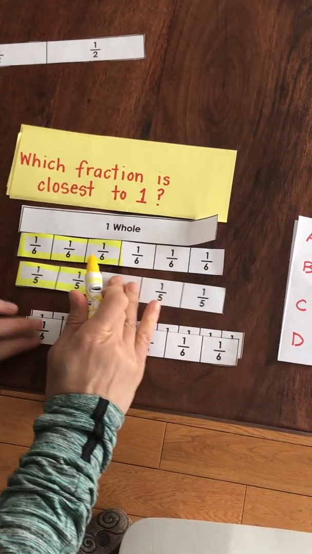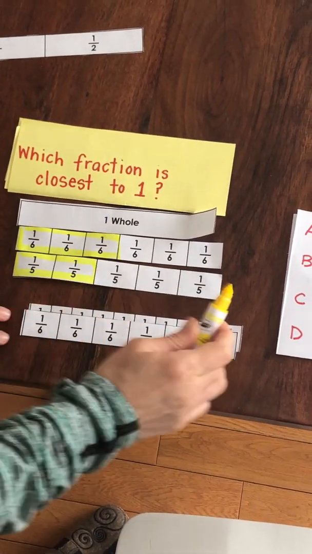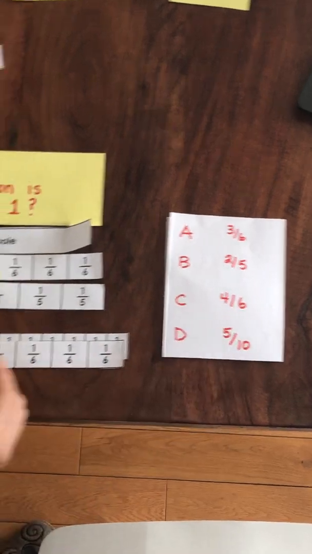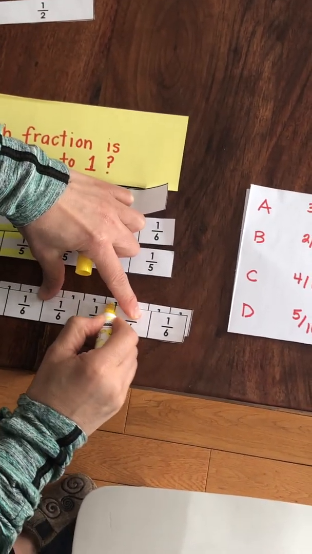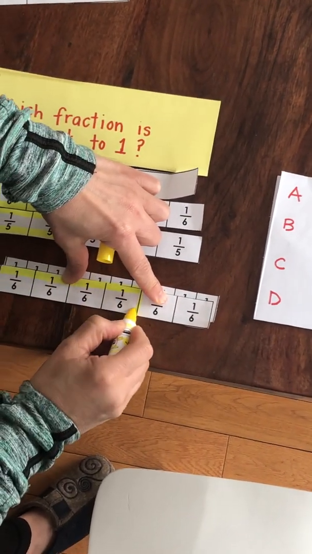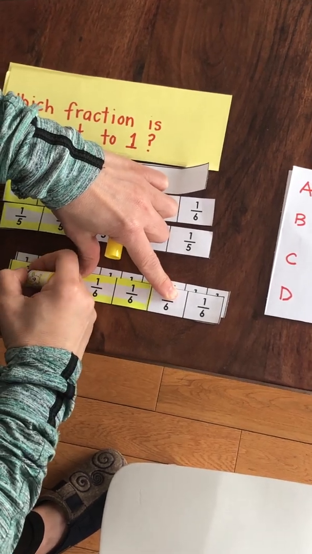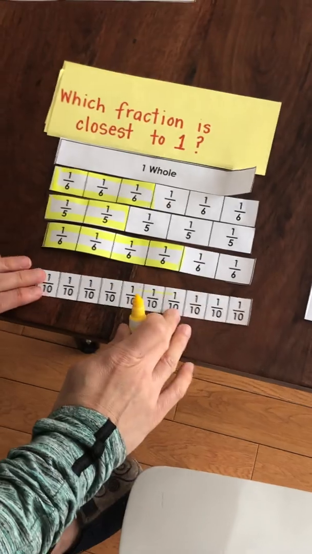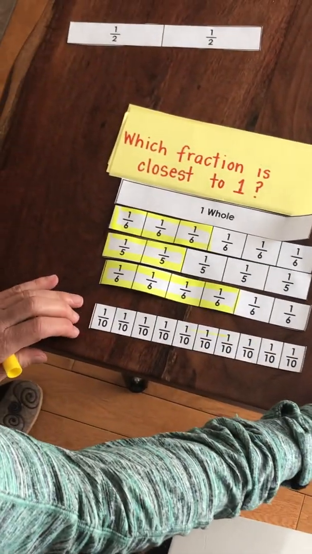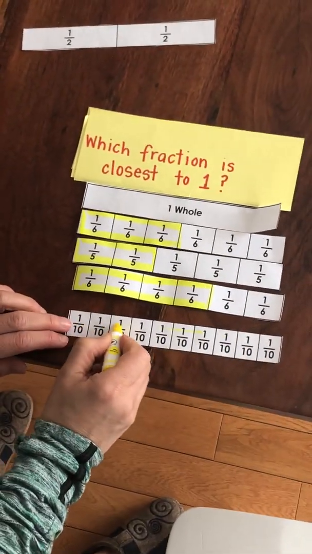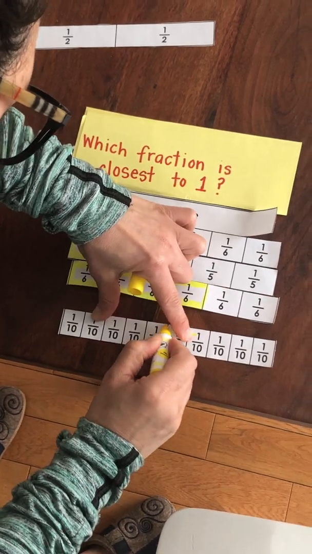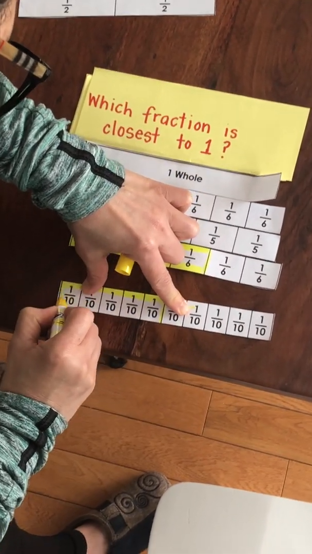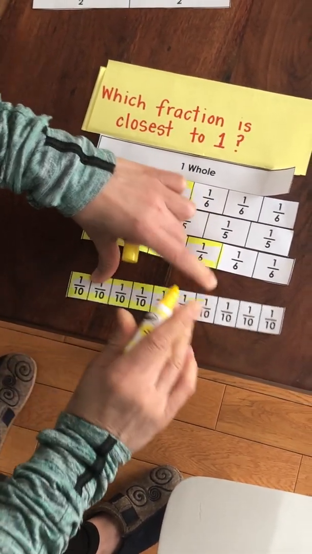So we can already compare those two. 4/6 is right here. And don't be afraid to mark up your fraction strips. I posted a link where you can get these fraction strips a while back, but I'll post it again. Then 5/10: 1, 2, 3, 4, 5 tenths. Okay, so there we have it.